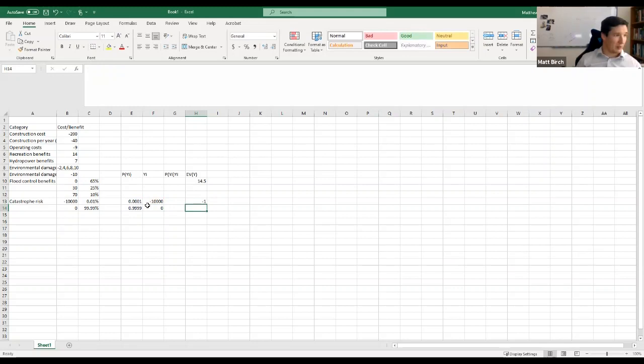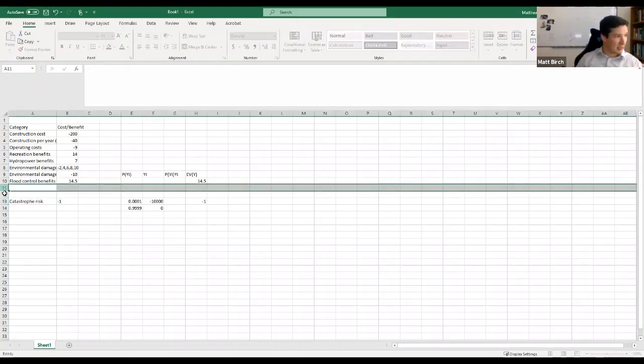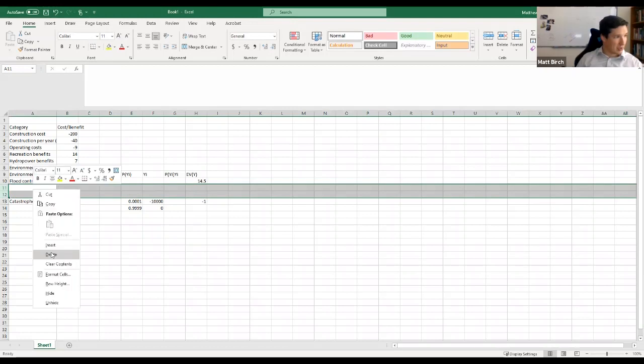And it's going to come out to be -1. Okay, so let's get rid of all this stuff. Put a 14.5 there as a benefit and a -1 there as an expected cost. I'll just bring this stuff together.